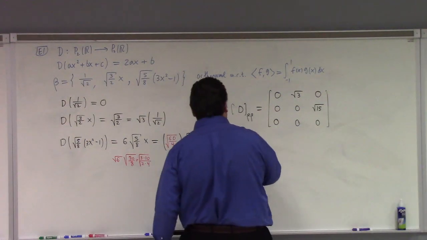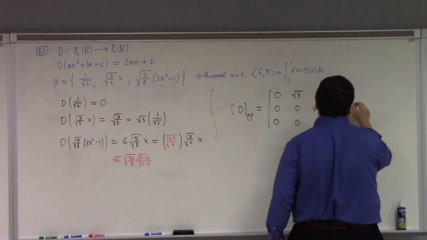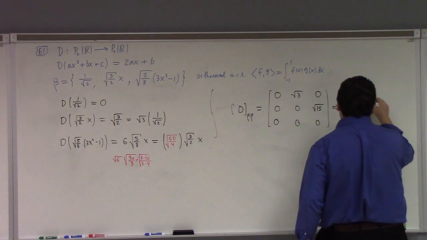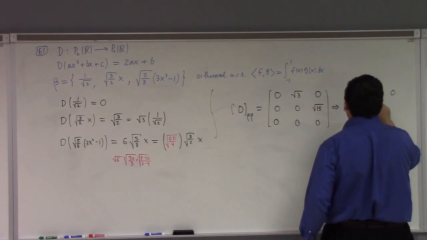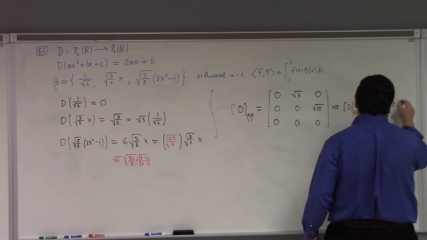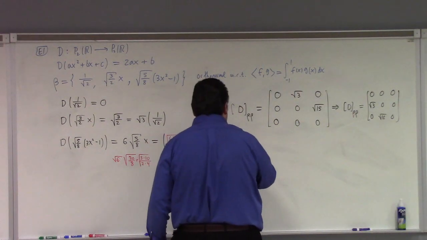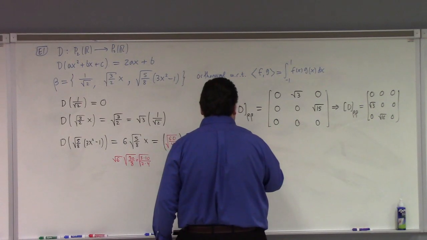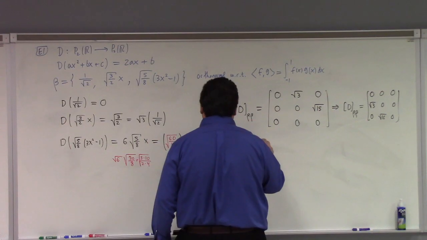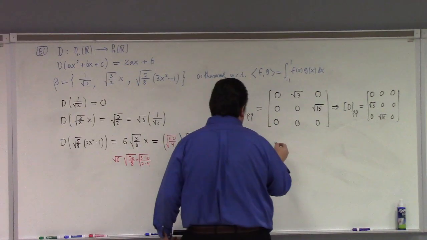Now I want to calculate what's the adjoint. The Hermitian adjoint of this matrix is just the transpose, right? So you got 0, 0, 0, root 3, 0, 0, 0, root 15, 0. And so then the adjoint of D, D star, acting on, well, it depends on how you want to write the formula for it.